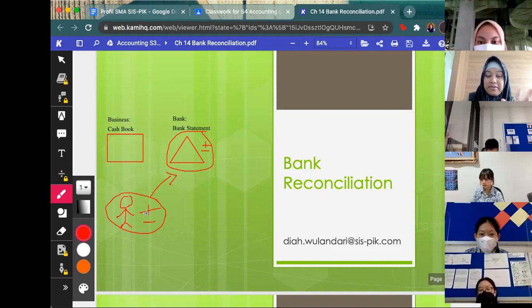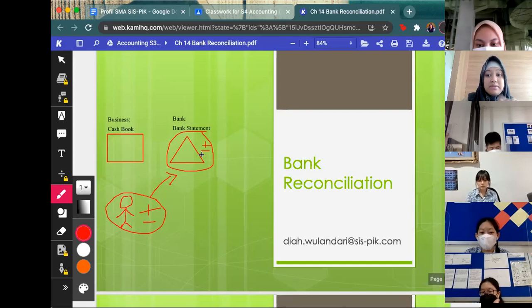So what we will do in this bank reconciliation chapter is to make corrections on both sides. We will check what transactions have not yet been recorded on your side, and what has not yet been recorded on the bank side.